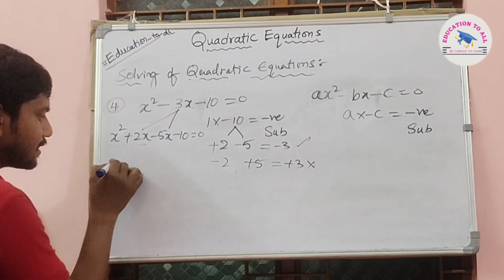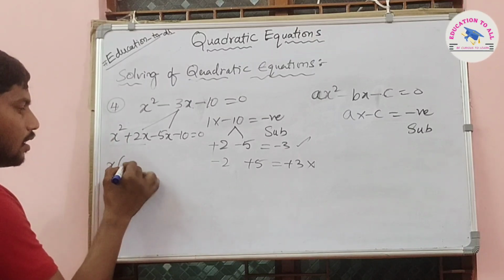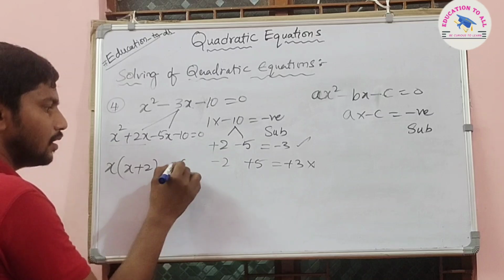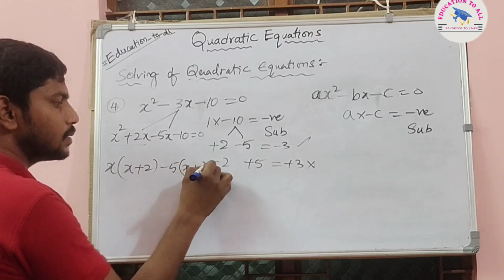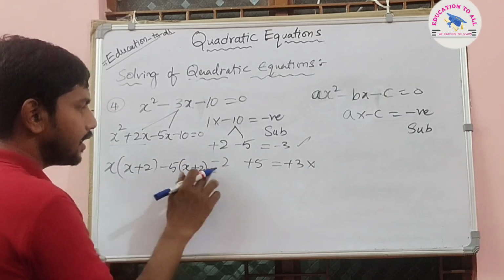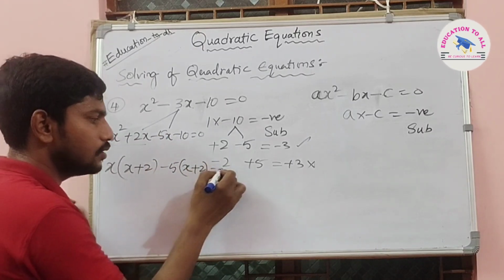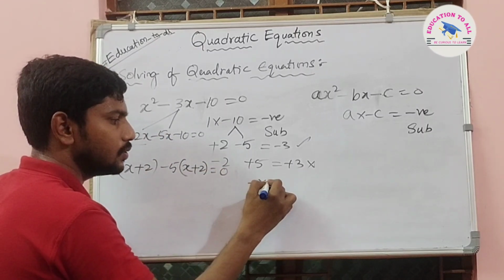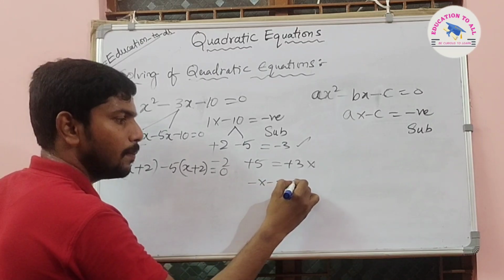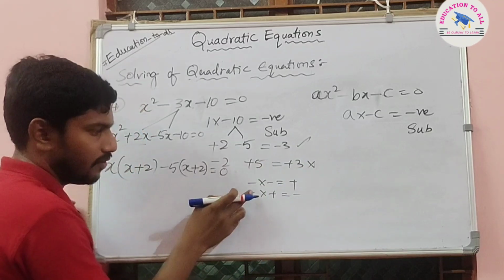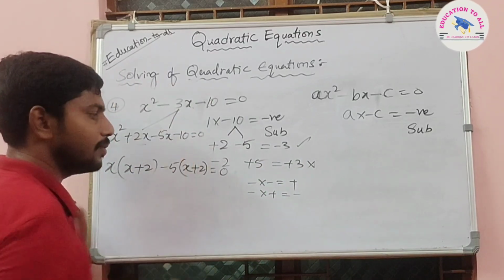So take x common, x plus 2 is pending. Minus 5 taken common, x plus 2 is pending. Why? Because here minus is already there, already taken minus out. Plus will come, because minus into minus is equal to plus, and minus into plus is equal to minus. If I take minus out, plus will be remaining.